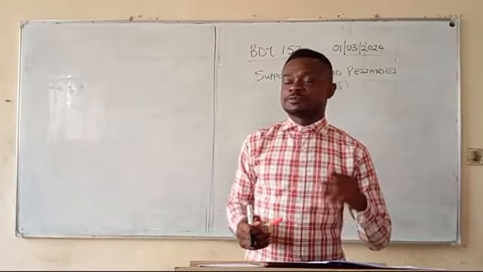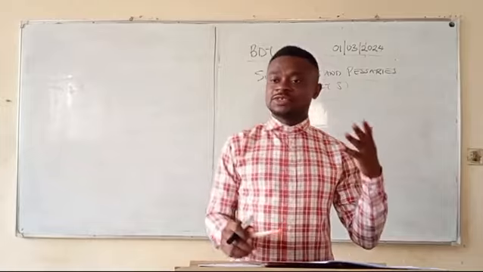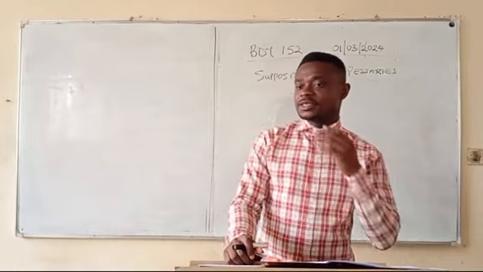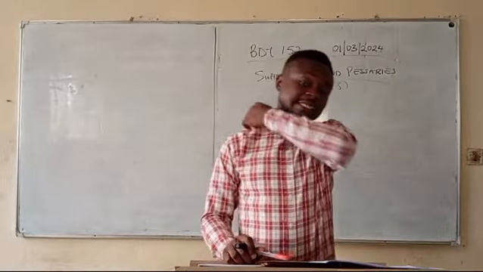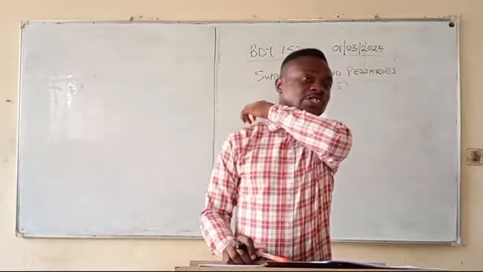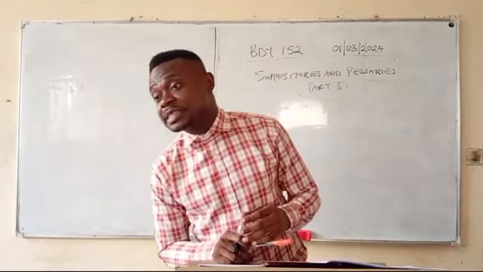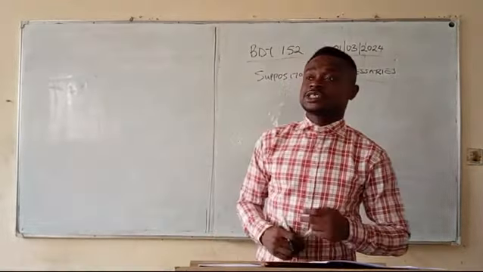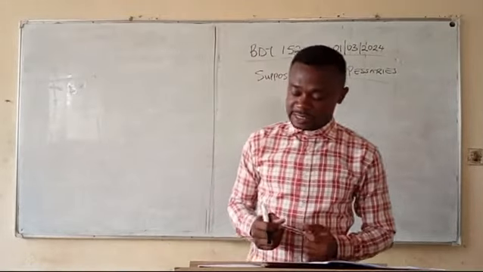I made mention of the sources of drugs, like drugs that are natural, drugs that are synthetic, and drugs that are semi-synthetic. It's not only about the drug itself, even the excipients. Some excipients are natural, some excipients are synthetic, while some are semi-synthetic.